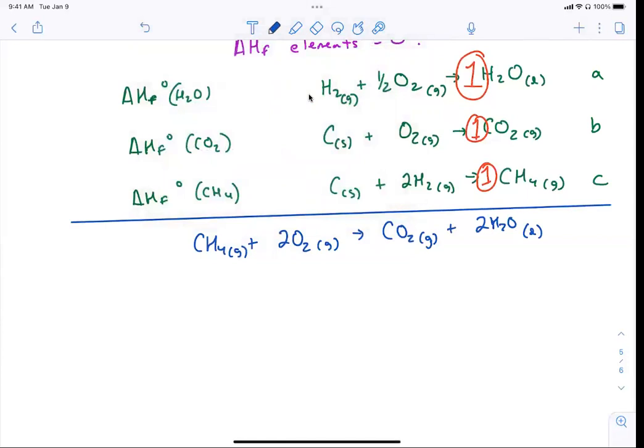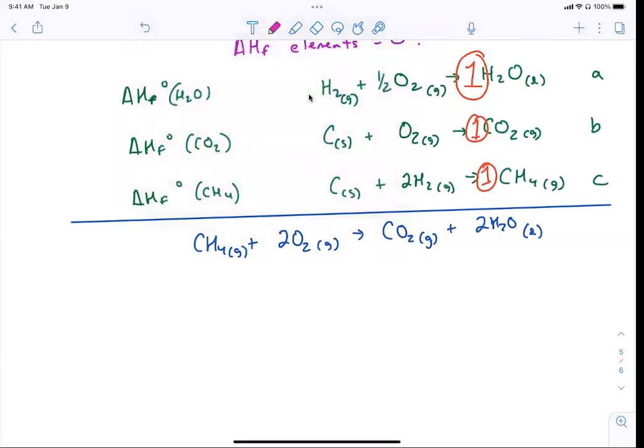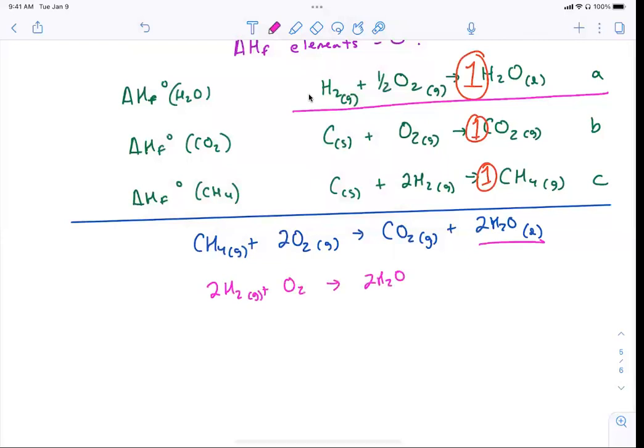So, Perrin, if you have these three reactions here, how are you going to make them add up to this overall bottom reaction? First I would double the H2O. The first thing Perrin says is we need to double the H2O to match this. That's perfectly fine. So 2H2 plus O2 yields 2H2O, which is 2A.